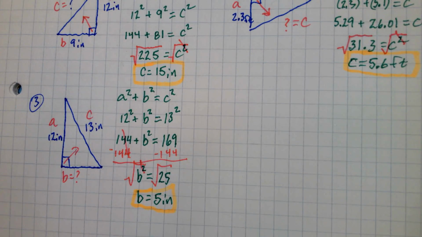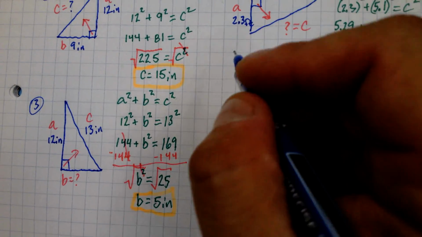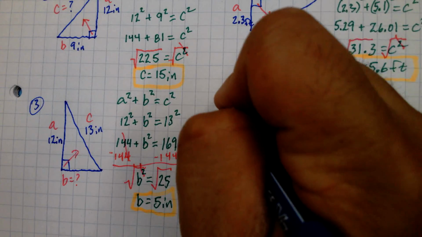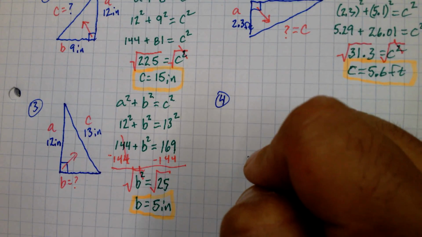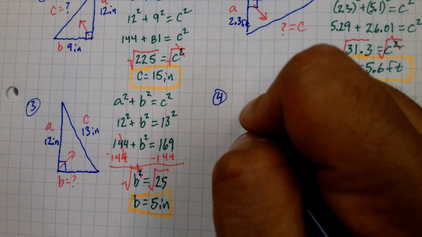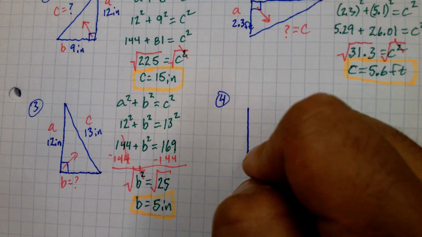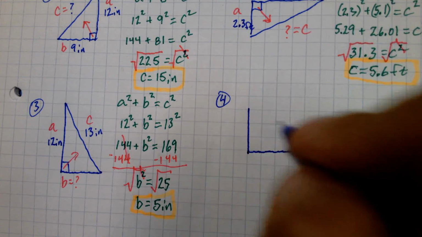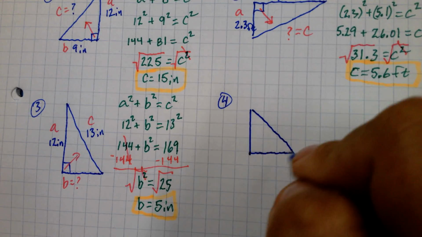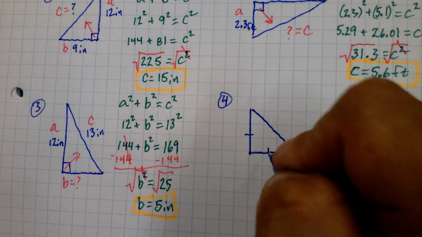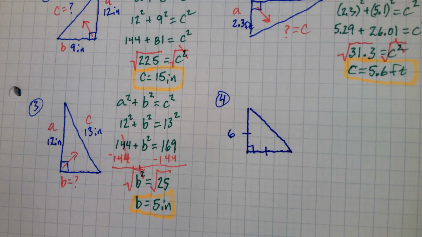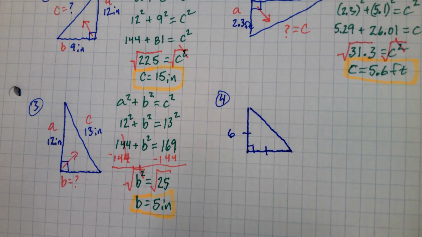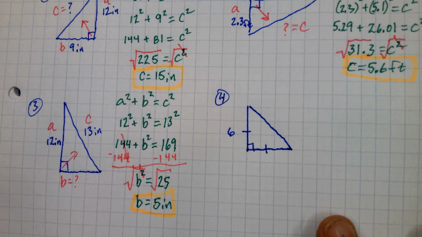So we'll do one last problem, and then we'll be done. Okay, you guys ready? Number 4. Another right triangle. All right.